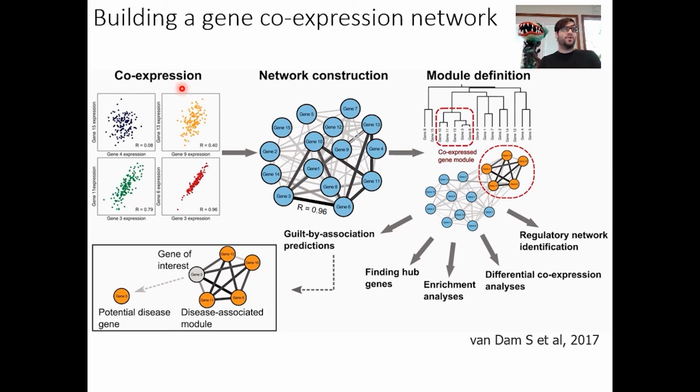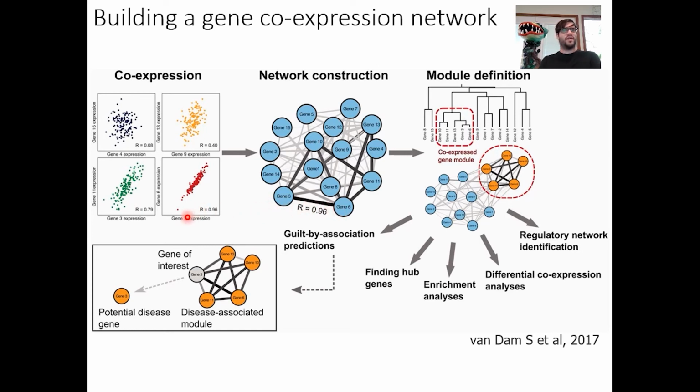We run a Pearson correlation to see how individual genes' expression compares to each other. In this case, gene 3 and gene 6 have really high R-squared, so they tend to have highly correlated expression. We can then construct this network and see which genes tend to have the highest correlation.